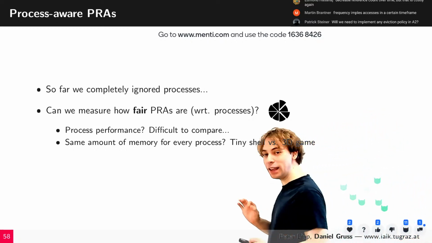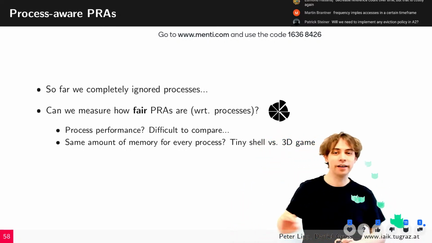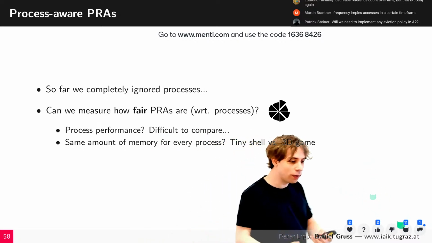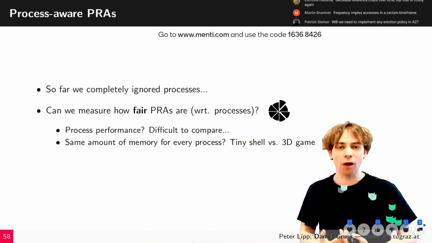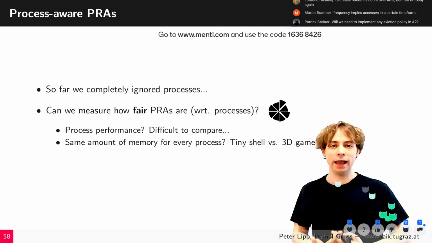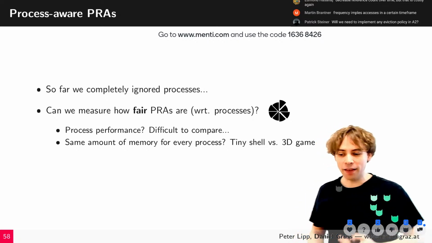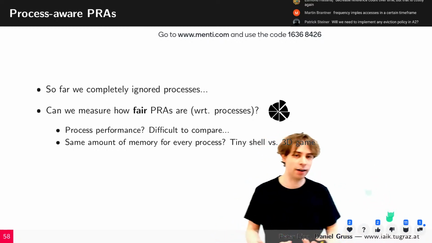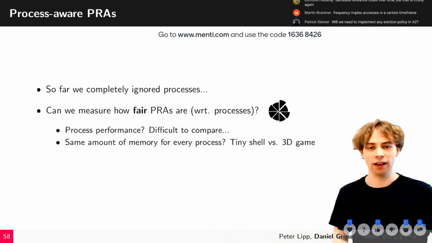And the thing that we want to focus on here, as we're talking about page replacement, the thing that slows these processes down are page faults. And this is sort of like the kind of democratic fairness here, right?